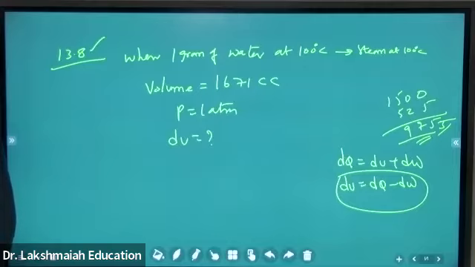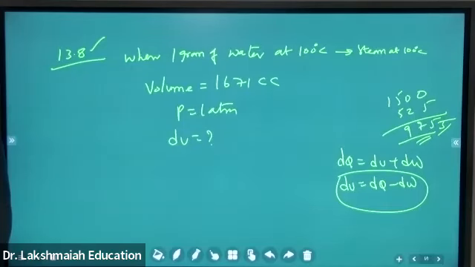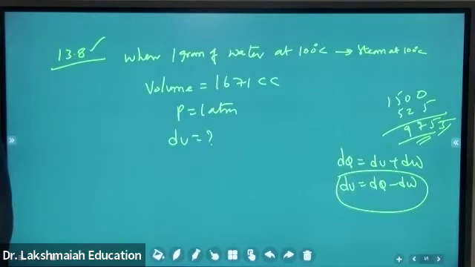Sir, in the first problem, find work done. My answer is 60 joule. Which question is that?